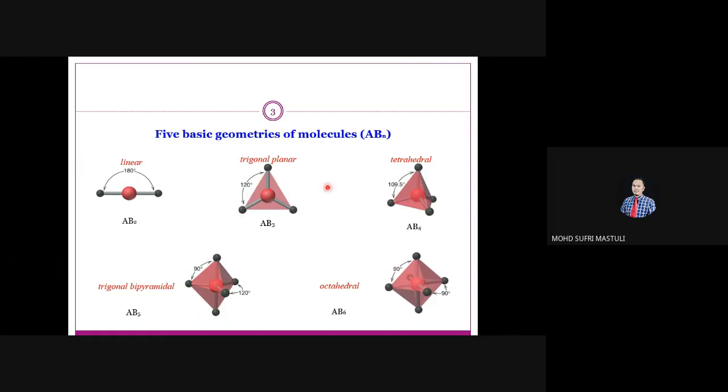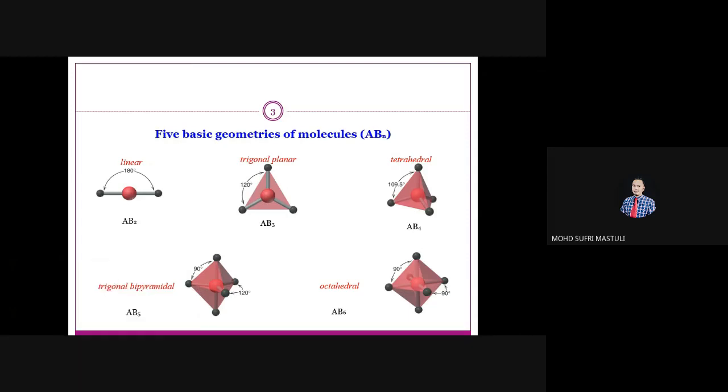No need to worry about the angles. You no need to remember exactly the value of the bond angles. The important things that you have to remember is the name of the molecular geometry: linear, trigonal planar, tetrahedral, trigonal bipyramidal, and also octahedral.